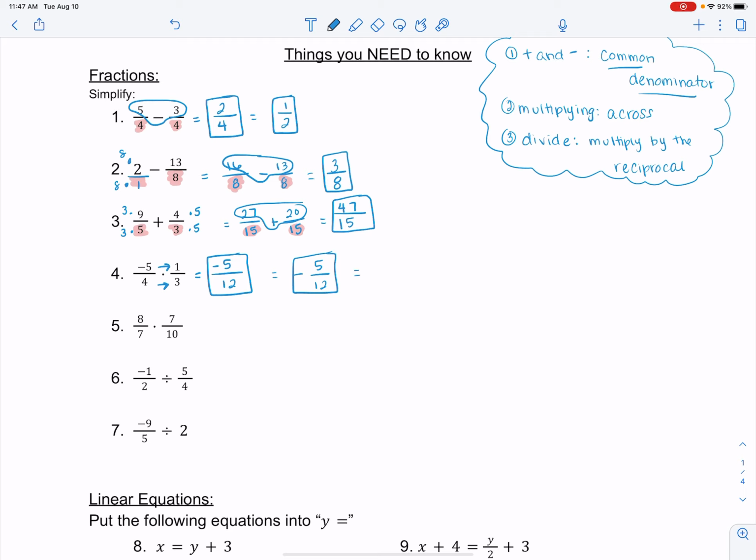Or you can rewrite that negative fraction with 5 and -12. It does not matter if your negative symbol is in the numerator or the denominator or out in front. But what it cannot be is a negative on top and bottom. That does not work. So when you're worried about where to place your negative in a fraction, just remember it doesn't matter as long as you don't make 2 of them.